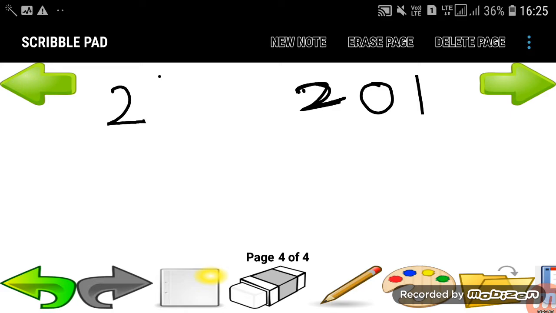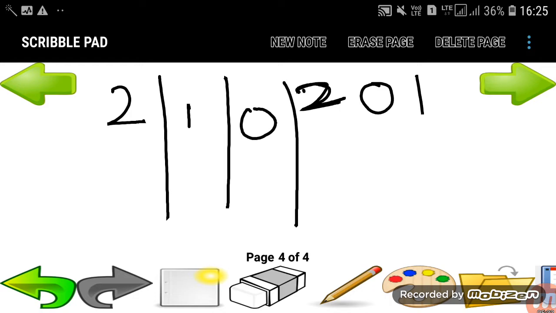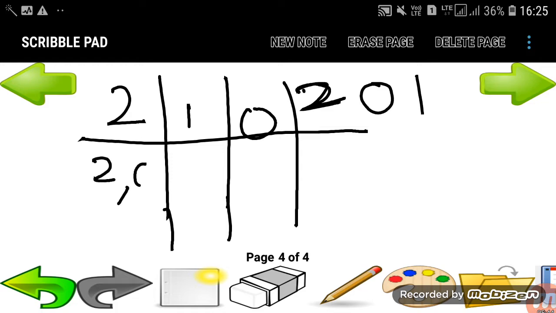2, 1, 0. Now here we have 2 as a remainder. Now what are the possible values? Obvious is 2 comma 0 and 1 comma 1, because 2 plus 0 mod 3 gives 2, and 1 plus 1 mod 3 gives 2.